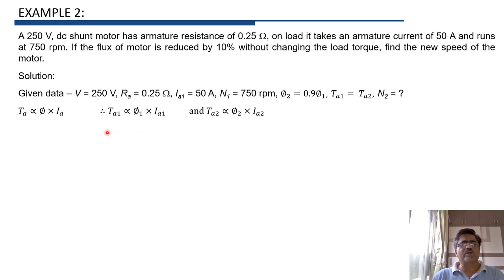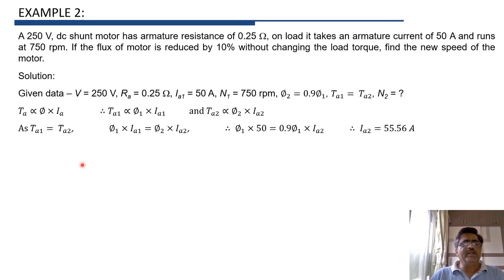And these two torques are equal. TA1 is equal to TA2. So we can equate these two. So phi 1 Ia1 is equal to phi 2 Ia2. So phi 1 into Ia1 is 50, phi 2 is 0.9 phi 1 into Ia2.